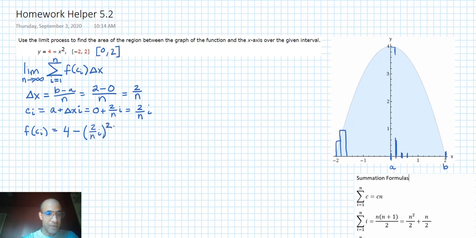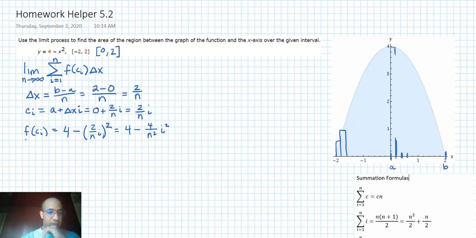So that's my nice little formula for that. Just simplifying that a little bit, I'm going to square this term, so 4 minus 2 squared is 4, over n squared, i squared. So that's a little formula for the height at each one of our x values, given that we have n rectangles, and i is just counting which rectangle we're on, right?